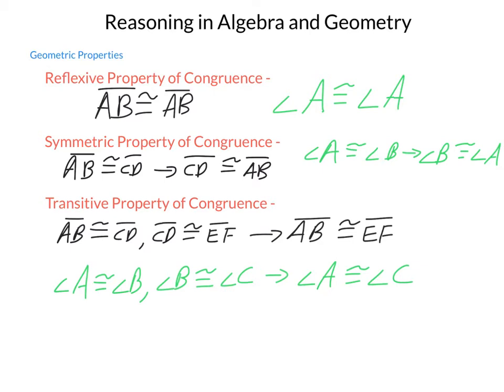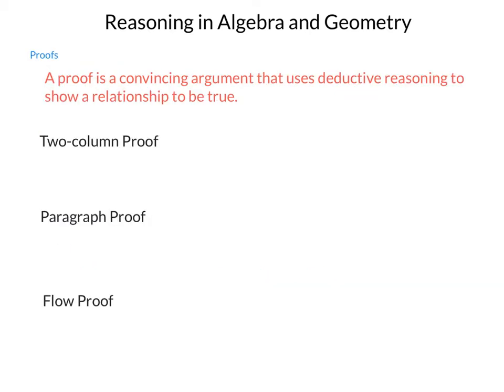Okay. So all these properties will come into play as we go through and do proofs, which is a large portion of what our study of geometry is. It's a way of organizing information and using it to make a valid argument. So a proof is a convincing argument that uses deductive reasoning, remember this is logical reasoning, to show a relationship to be true.